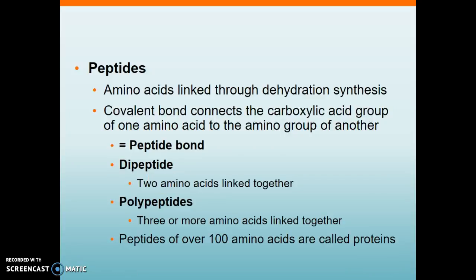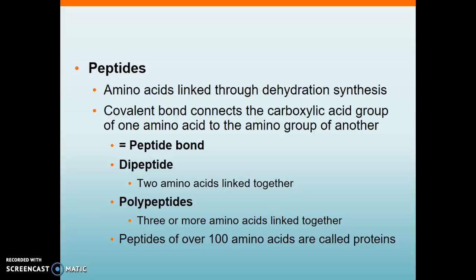When amino acids are combined or linked together through dehydration synthesis, they form peptides. 2 amino acids form a dipeptide. Many amino acids would form a polypeptide, and the bond that holds those amino acids together is called a peptide bond. So anytime you hear the word peptide, it's in the protein category.